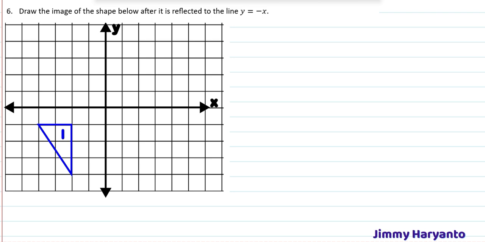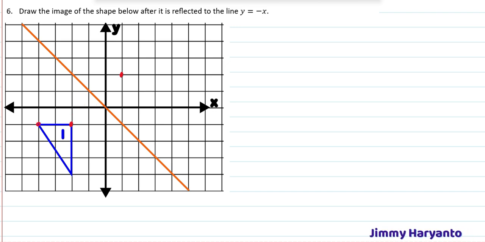Next is 6, to the line y equals to negative x. Negative x is just like this. It's the same with the y equals to x, but the direction is to the top left. The way you reflect it is still the same. Just create a perpendicular line to the mirror, and then measure the length 1.5. That means the extension will be 1.5 also. This is the image of the point, the first point, yeah.